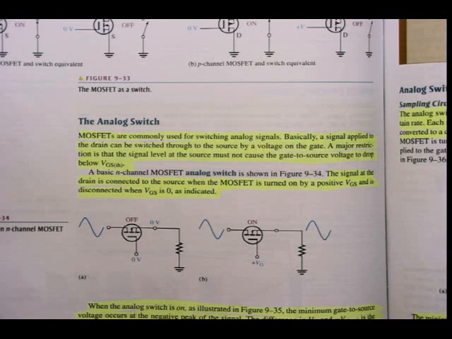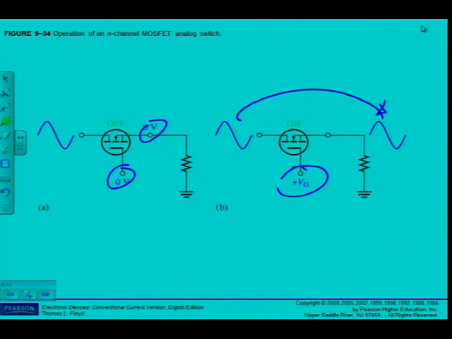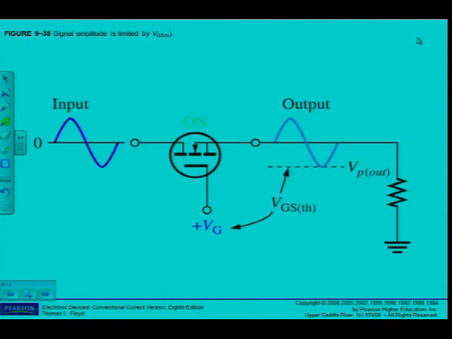So please take note of that. The figure is on the next page there. This is what they're referring to now. Voltage at the gate must be equal or larger than the minimum V peak out of my signal that I want to pass through this analog switch. So please take note of that, very important.